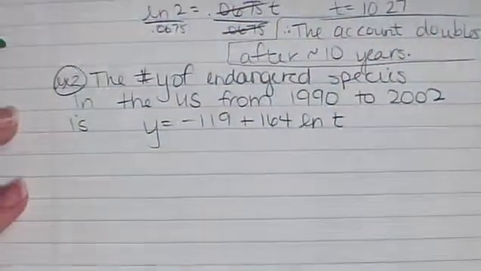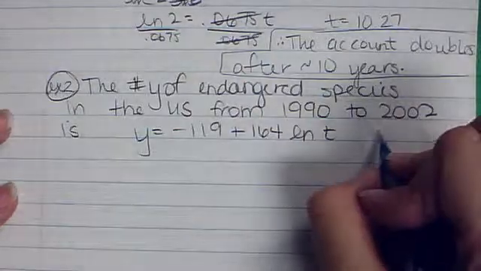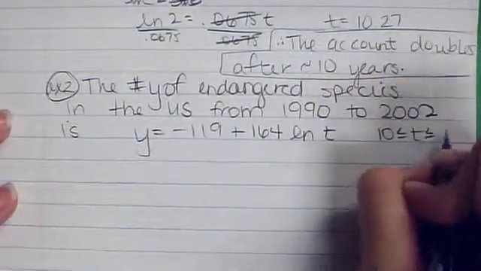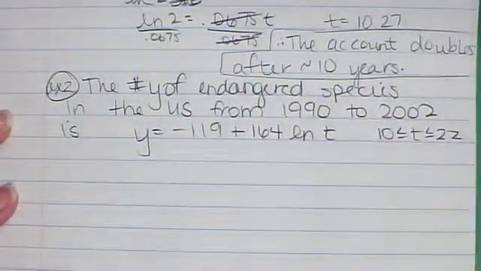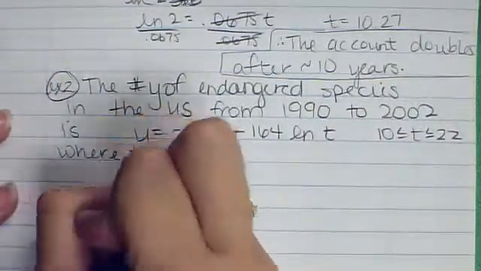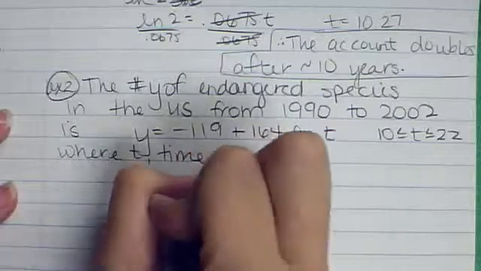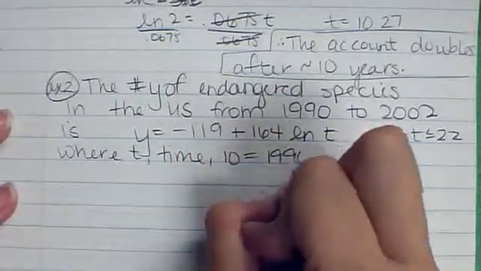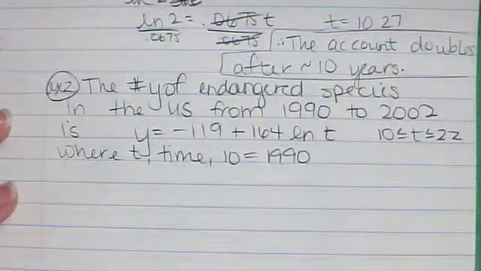That's the model that we're going to use. So that's the equation in this case, where t is between 10 and 22, where t represents time, and 10 is equal to 1990. So 10 corresponds to 1990.